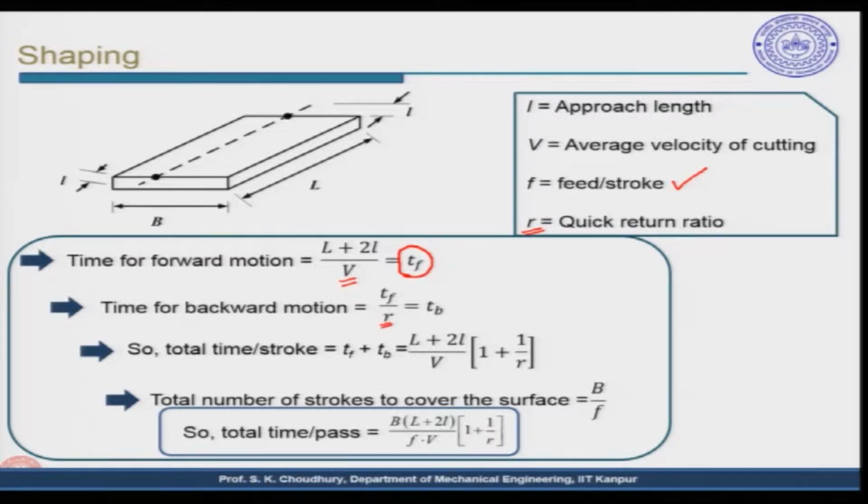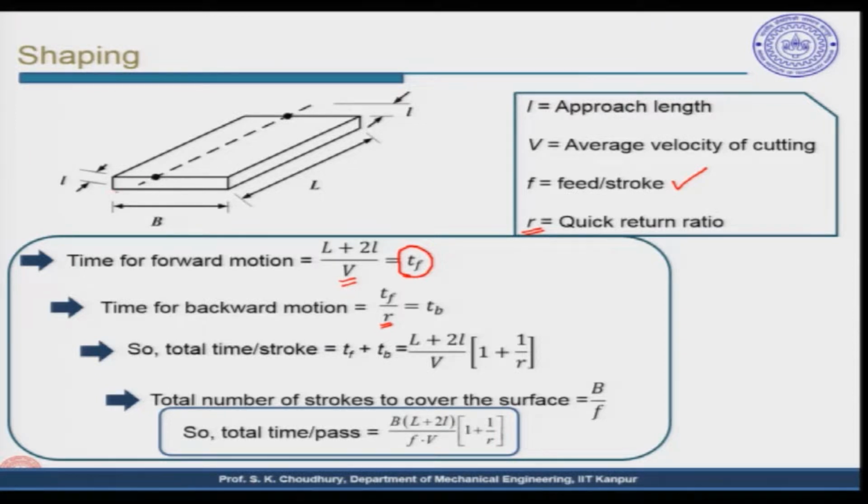So, the total time taken per stroke will be Tf, the time for forward motion, plus the time for backward motion Tb, and this will give you (L plus 2l) divided by V, into (1 plus 1 by R), if you sum these two up. For the total number of strokes to cover the B, this is one pass and then the feed is given, then there is another pass and so on.